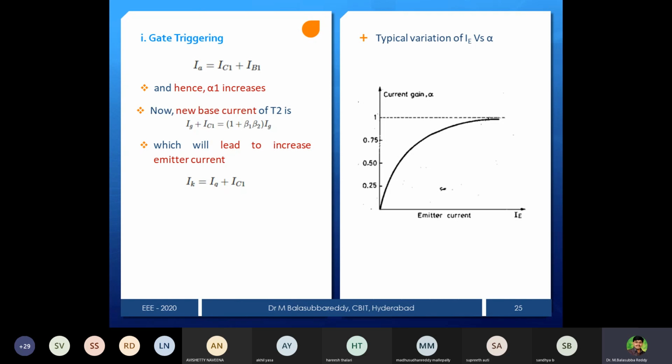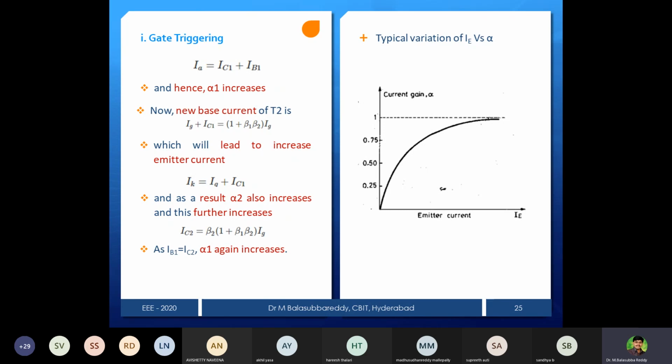Gate current will not keep on changing. Initially gate current changes from 0 to 1 milliampere. The base current of transistor 2 increases. Similarly collector current will increase, that will be the base of transistor 1. Then emitter current will increase, like this, a continuous process. Alpha 1 and alpha 2 further increase for this reason.